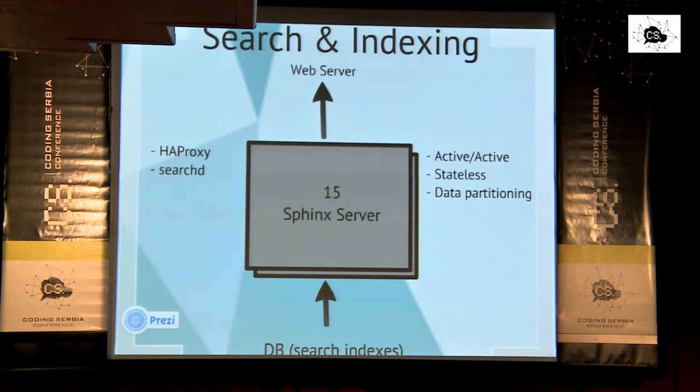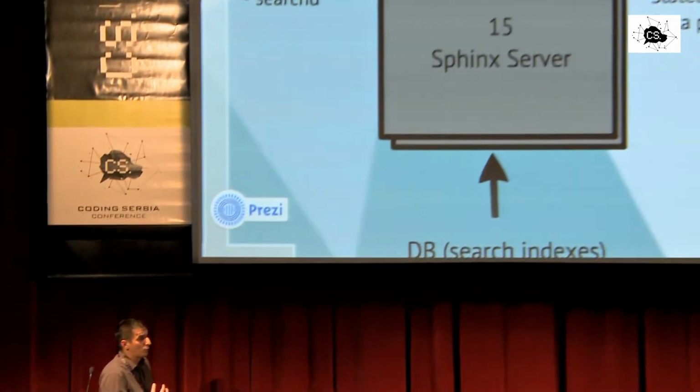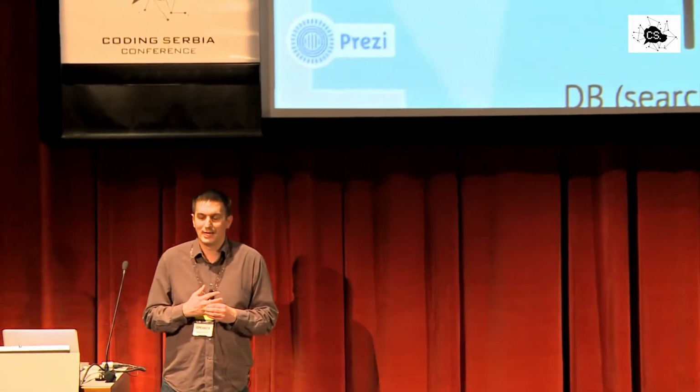Sphinx servers are hosting the Sphinx Search Daemon. Sphinx is a service that indexes data that is stored, in this case, in MySQL. It creates binary files, and the Search Daemon uses them to perform extremely fast full-text searches.